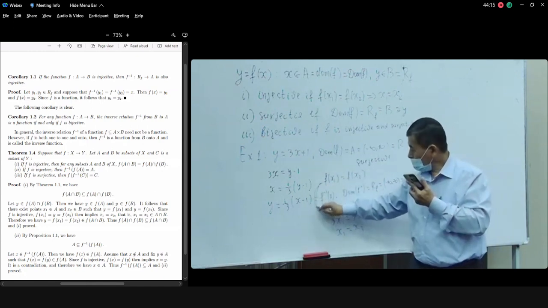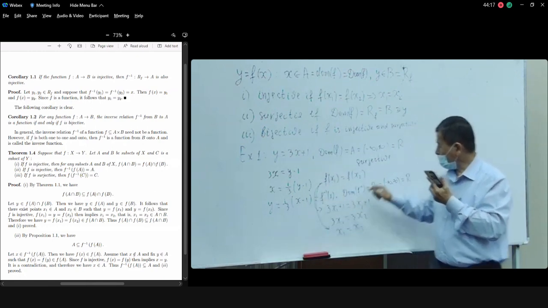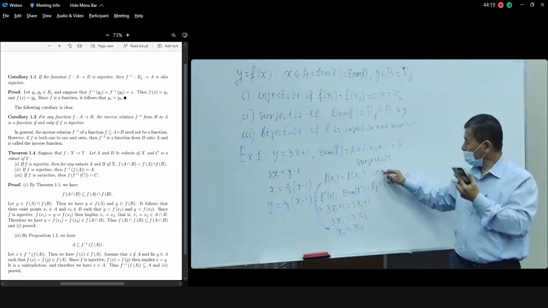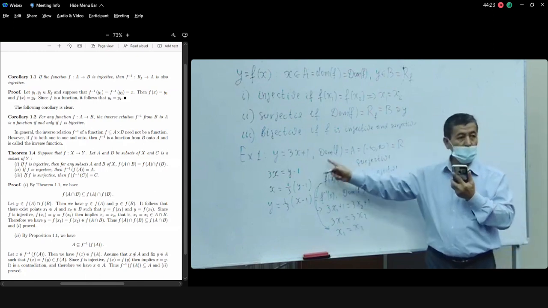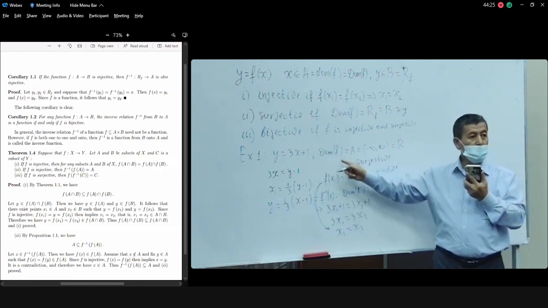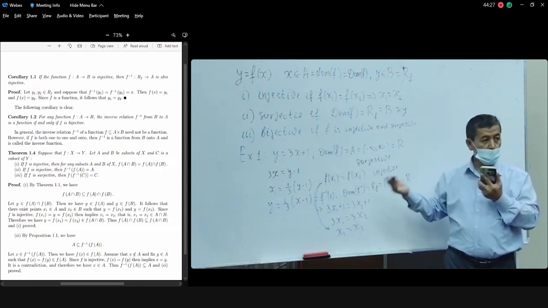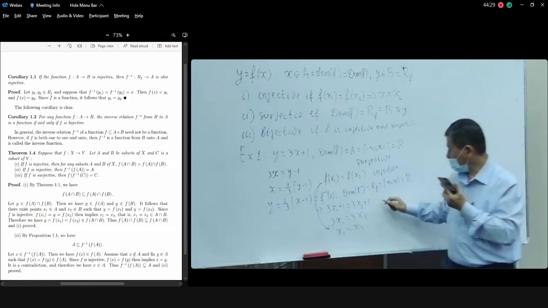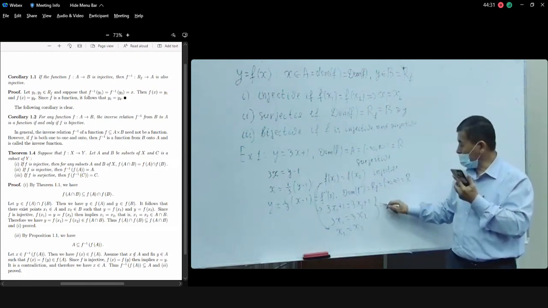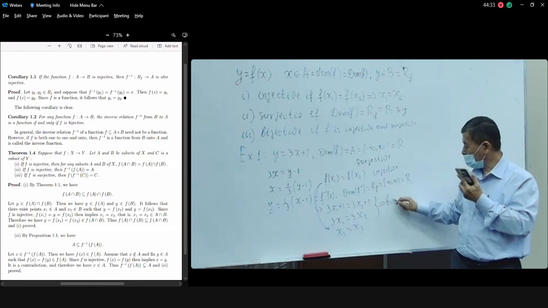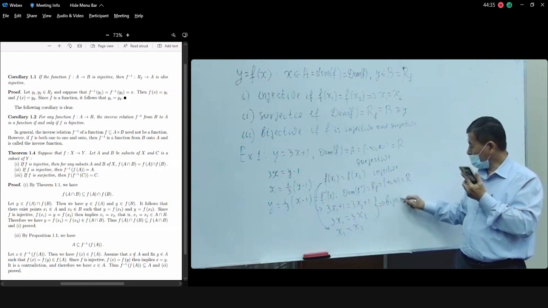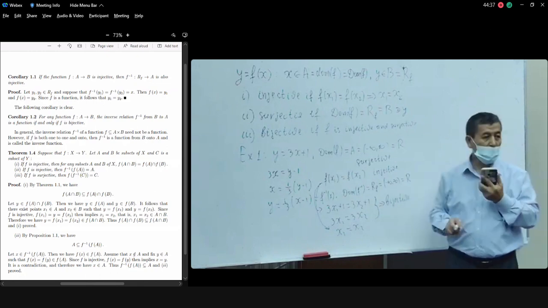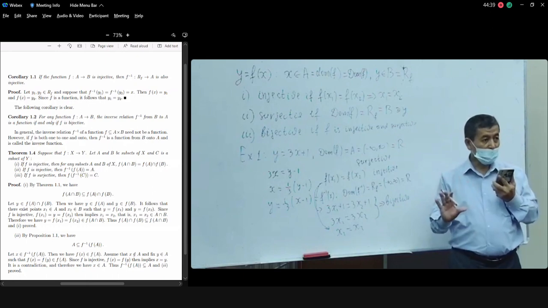So it is injective. You see, this function is injective, this function is surjective. So I can conclude it is a bijective function. Bijective. Okay? I think that's clear.